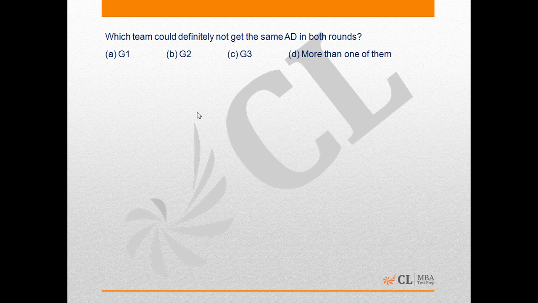Again, on the basis of the cases that we have, in one of the cases G1 got the same AD of 1 in both rounds, and G3 got the same AD of 4 in two rounds, but in none of the cases did G2 get the same AD in the two rounds. Therefore the required answer is option B. That's all in this set.